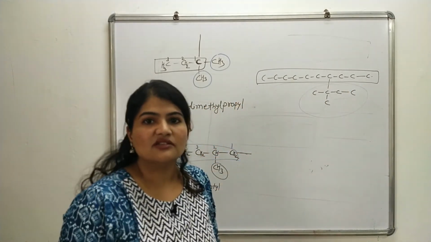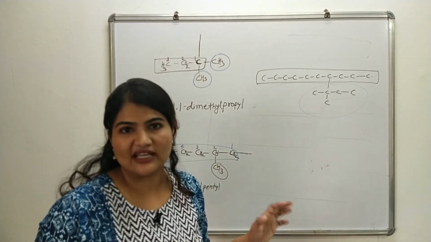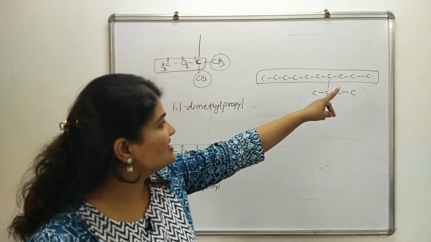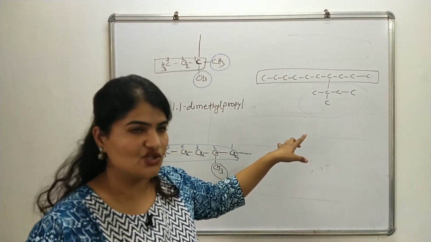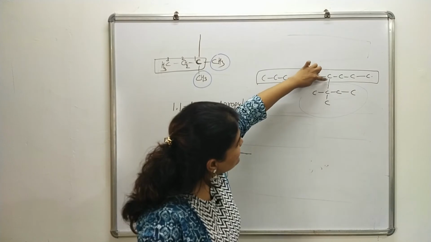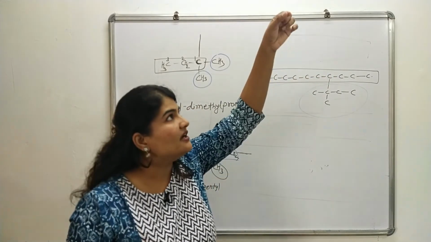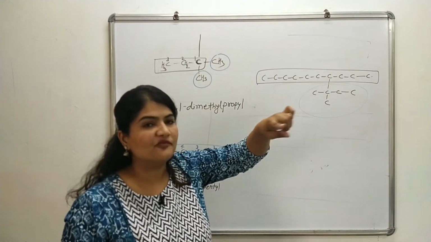The most basic step in nomenclature has to be visualization, how the parent chain is arranged and how the substitution is arranged. Now when you visualize a substitution, just look at this bond. This bond will be like a hanger, and to that hanger the substituent group will be hung.